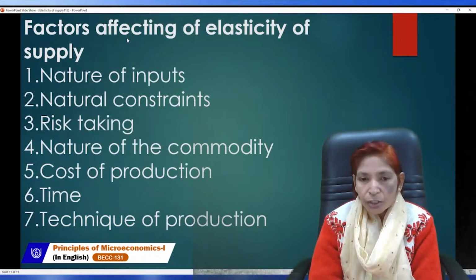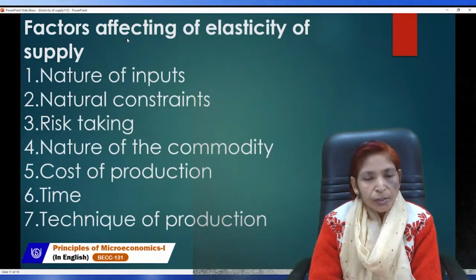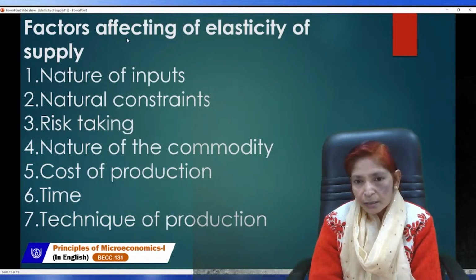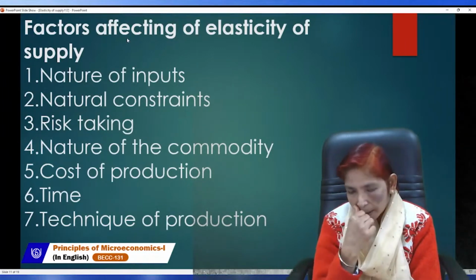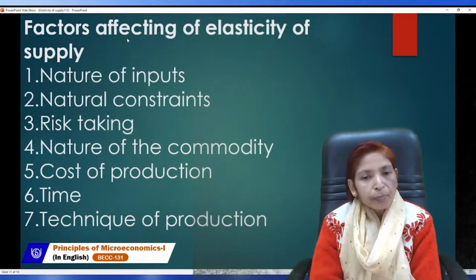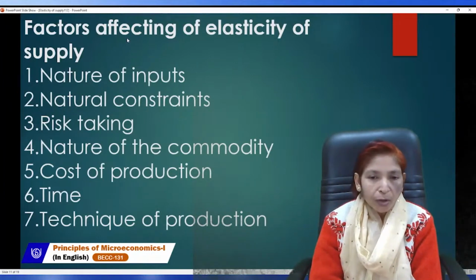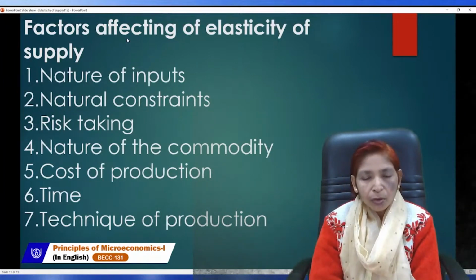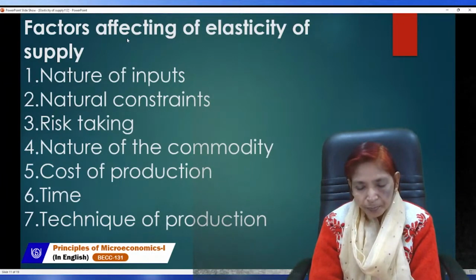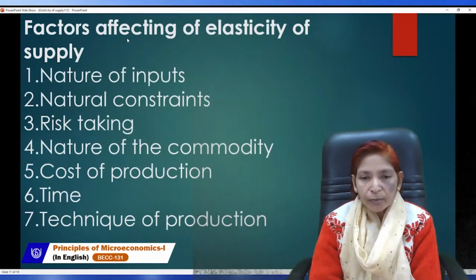These things are perishable in nature. Fruits and vegetables, they can't be stored for a long time period. So if the nature of the commodity is perishable, which generally damages in 1 or 2 days, or you can use it only for 1 or 2 days, not to store, not to keep for a long time period, then elasticity of supply will be inelastic.